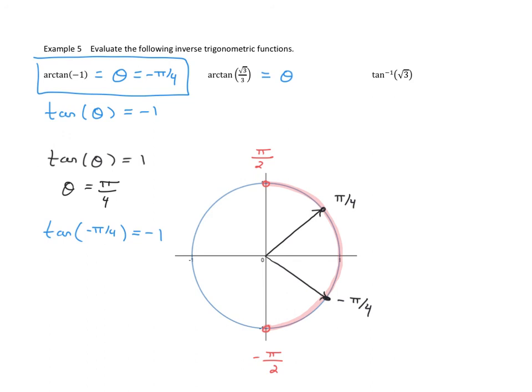I know it's not a 45-degree angle. In fact, it is a 30-degree angle, which is pi over 6. Tangent of pi over 6 is equal to root 3 over 3, and therefore arctangent of root 3 over 3 is equal to pi over 6. And that's the answer here.